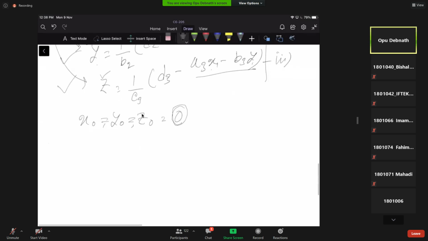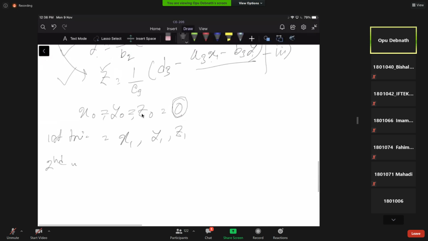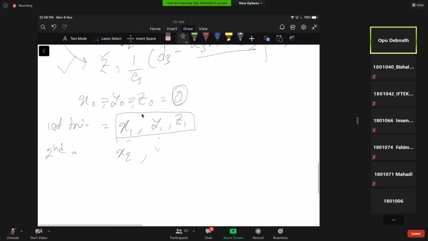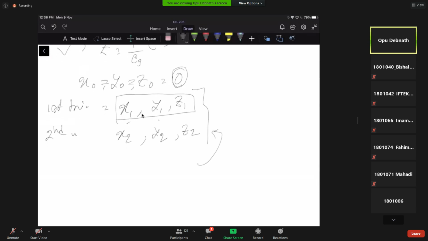After the first trial, you have the values of x1, y1 and z1. Then in the second trial, you use these values of x1, y1 and z1 in the three equations and get x2, y2 and z2. Remember only one thing: when you go to the third trial, you use the values found in the immediately previous trial. Likewise, at the seventh approximation you use the values obtained in the sixth step.